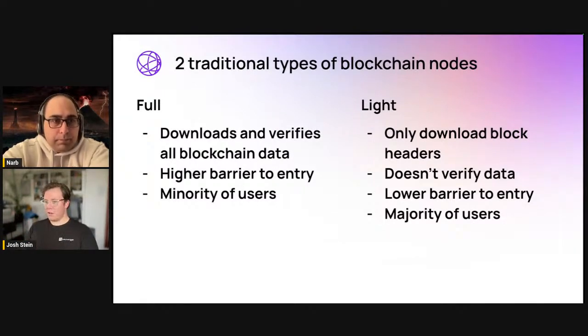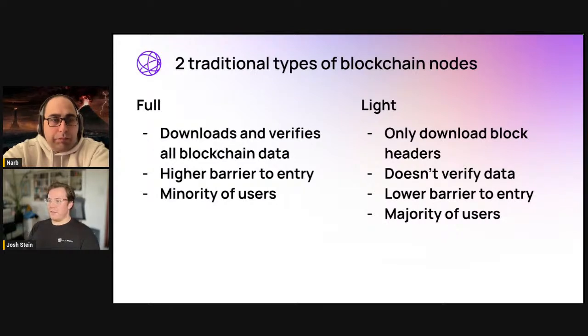So there's a higher barrier to entry because these full nodes require really large resource requirements, like server level sometimes. We know infamously Bitcoin is something that requires a lot of compute power. And this results in a minority of users being able to actually have the same guarantees that the people running the full hardware do.